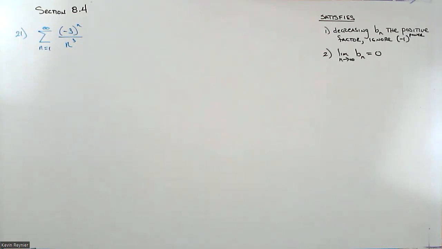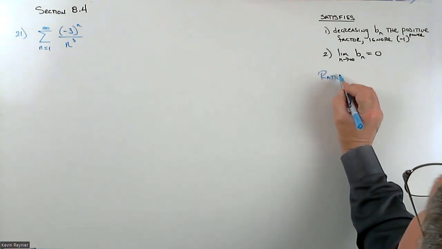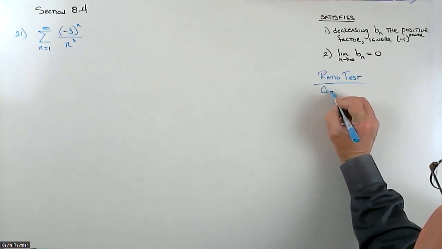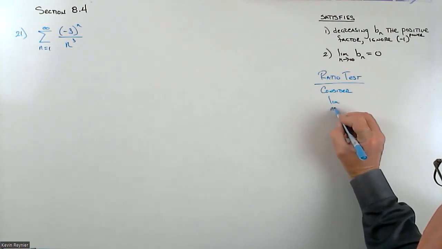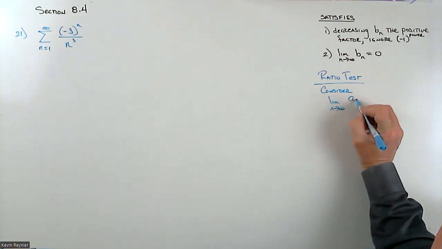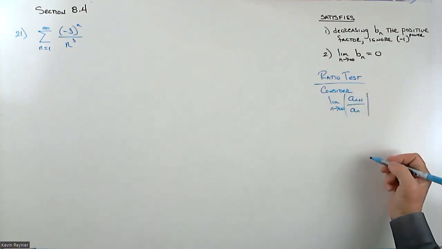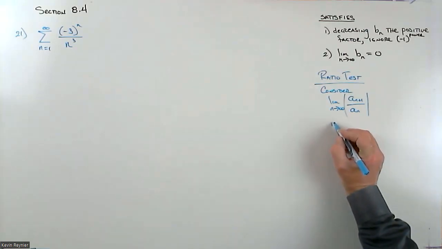So remember, the ratio test, if we just remember the ratio test real quick, it says consider the limit as n approaches infinity of the absolute value of a sub n plus 1 over a sub n. And then we get, I don't remember the order your book does. What do they do first? Less than 1? Okay. So then we get 3 outcomes.